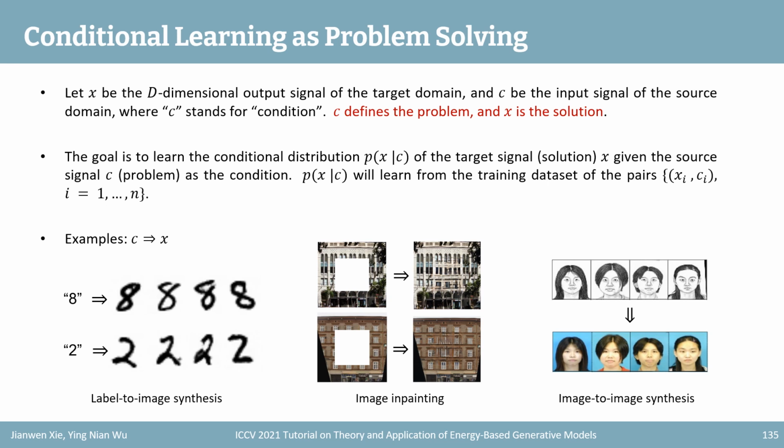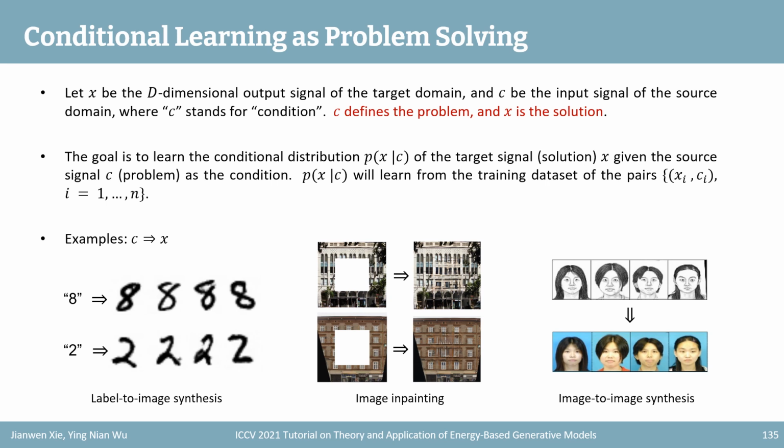Just a little bit of notation. Let X be the D-dimensional output signal of the target domain, and C be the input signal of the source domain. C defines the problem, and X is the solution.